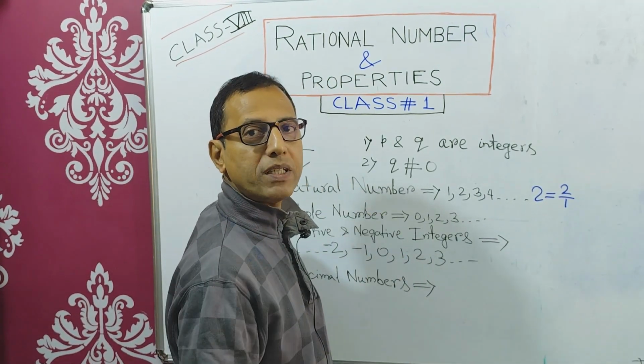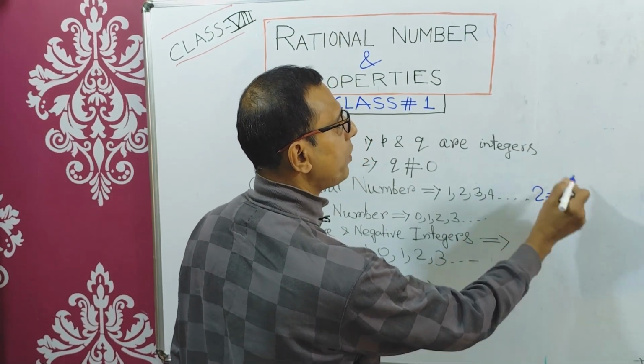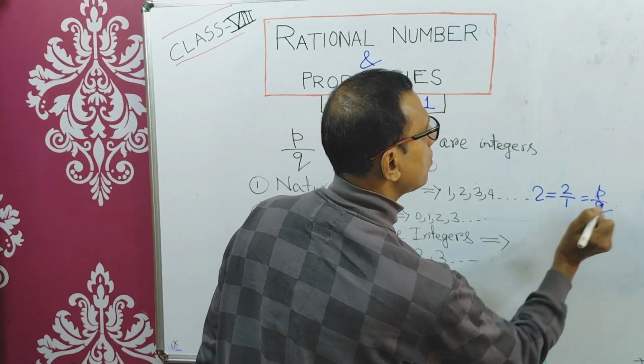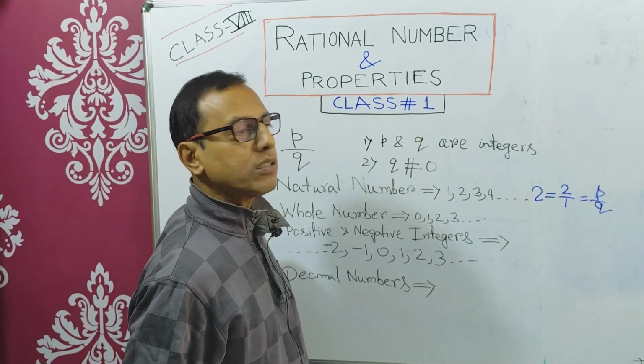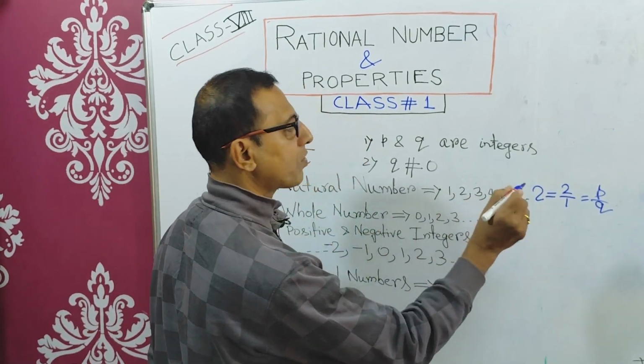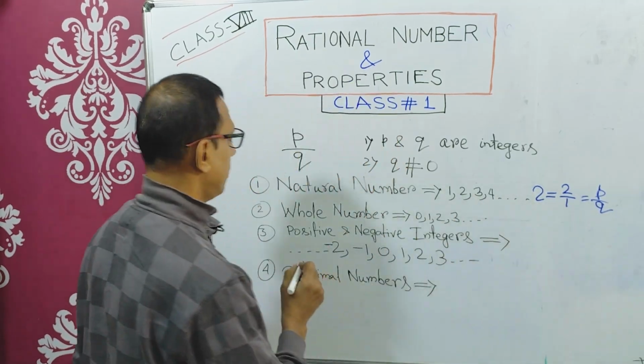It could be a positive integer, it could be a negative integer, but an integer. So I can express 2 in the form of P by Q. So it's a natural number, and it's a rational number also. All natural numbers are actually rational numbers, right?